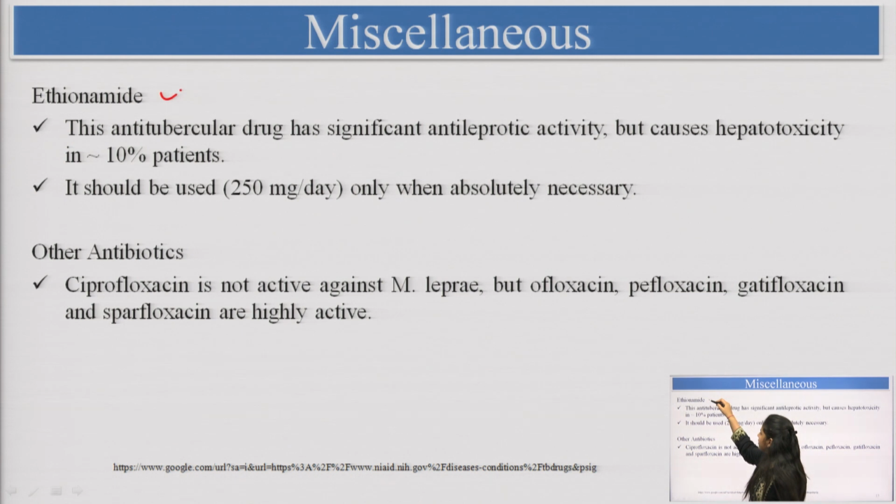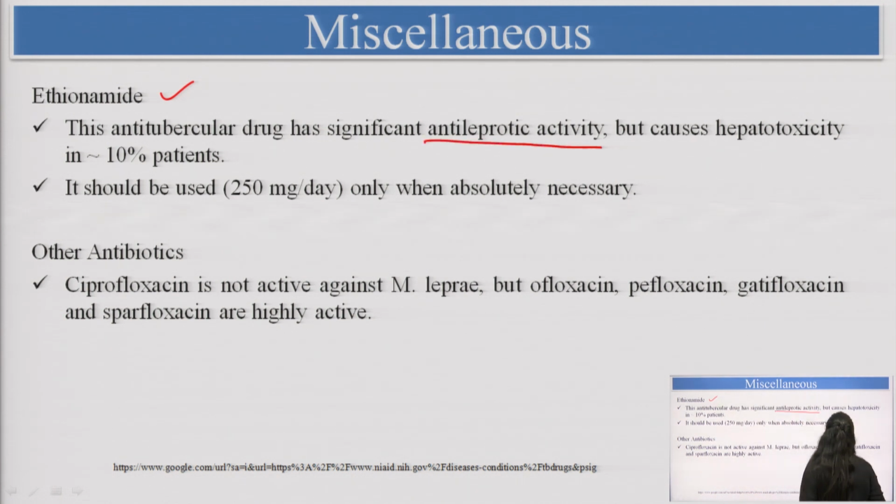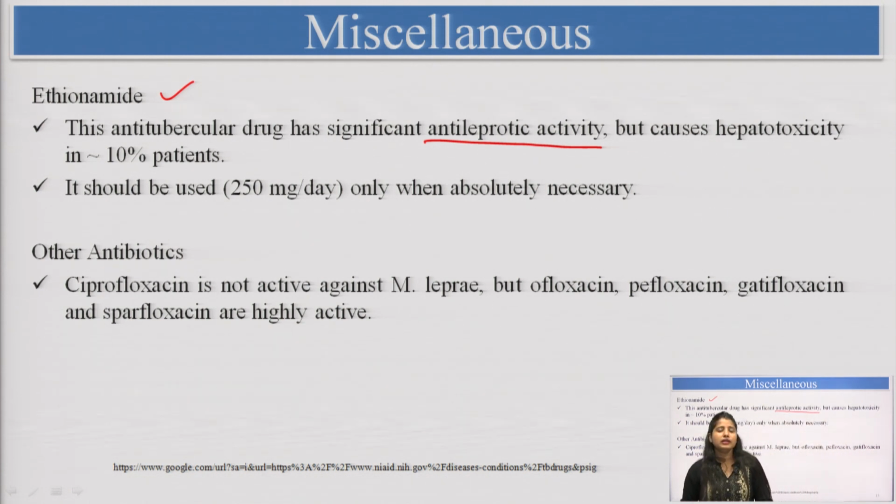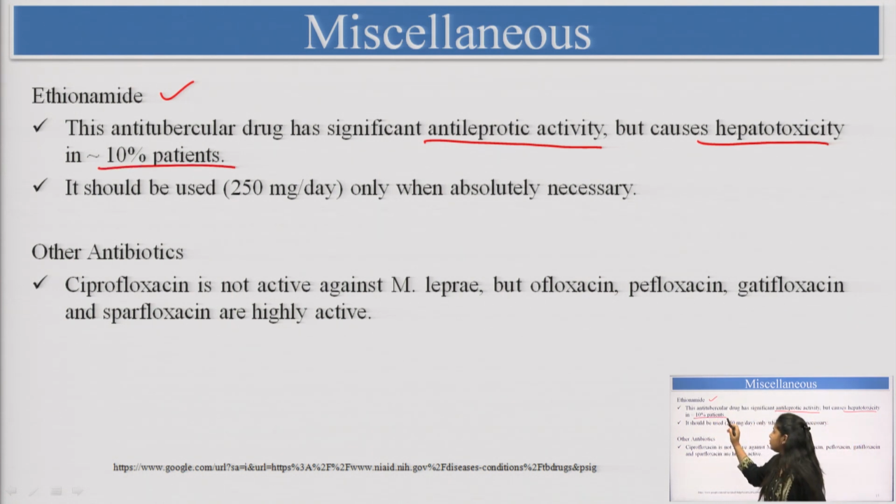Then another anti-tubercular drug is ethionamide. Ethionamide also has antileprotic activity, but there are chances of liver damage, hepatotoxicity in nearly 10% of patients. The dose given is 250 mg per day.